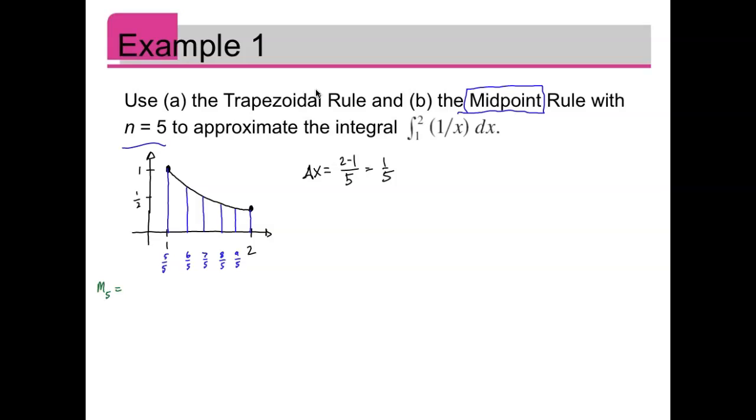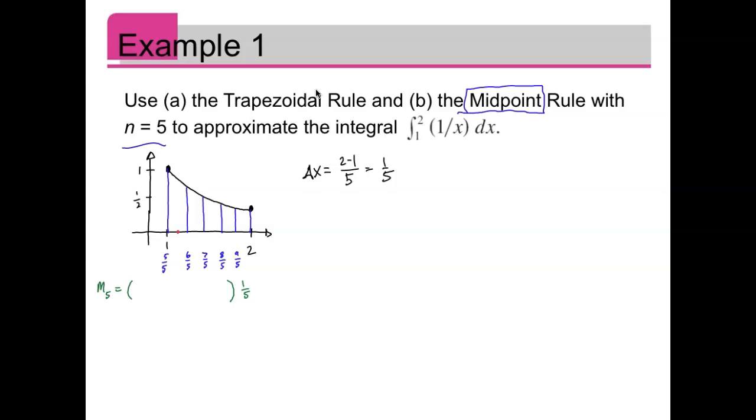Each of these rectangles has the same base width, which is 1/5, so I can factor that out. And then all I want to do is add up the heights inside those parentheses, right? But I want to base the heights off of the midpoints. So I've got to figure out the midpoints first. How do I figure out what's halfway between 5/5 and 6/5?